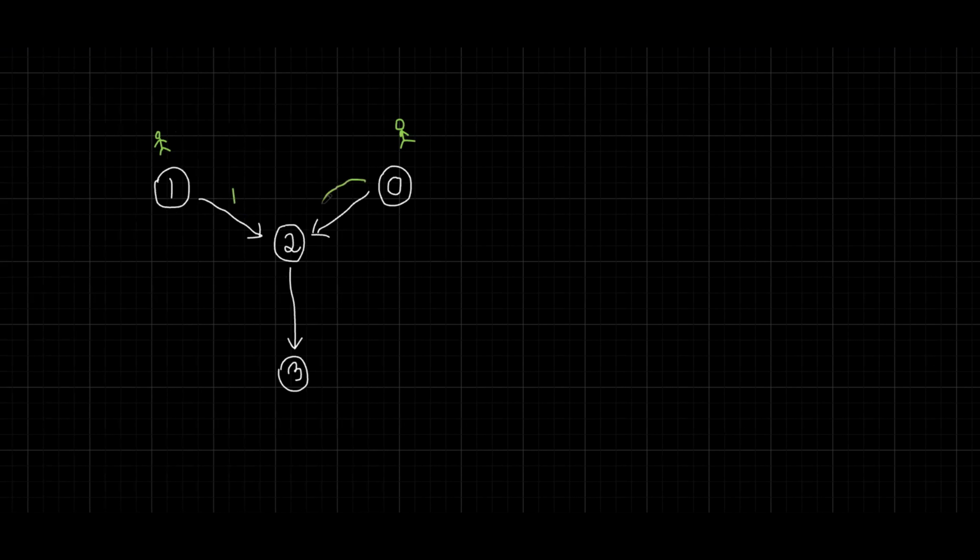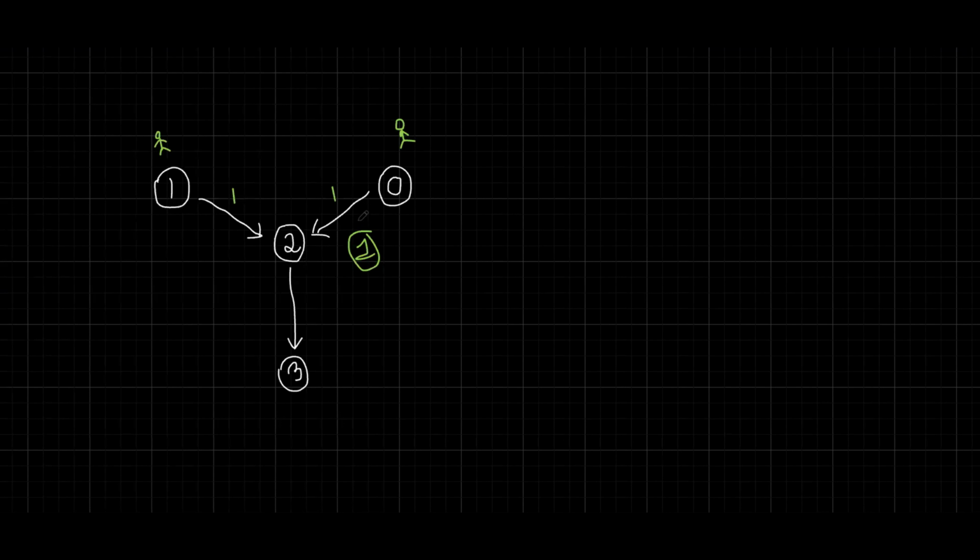Similarly, from node 0, by traveling 1 unit of distance, we can reach node 2. Now here, the maximum of them will be 1. So the node we can reach from both starting points is 2, with the maximum distance 1.